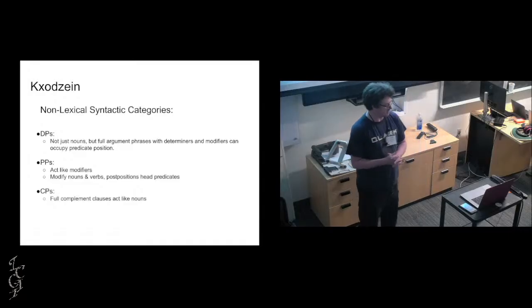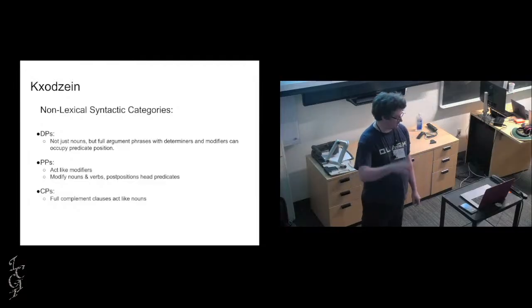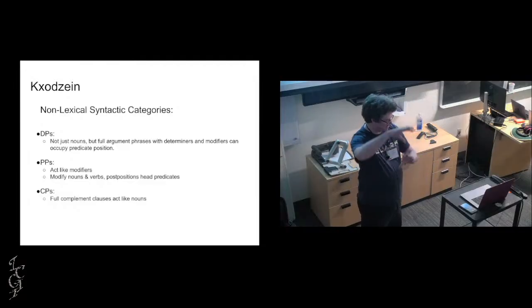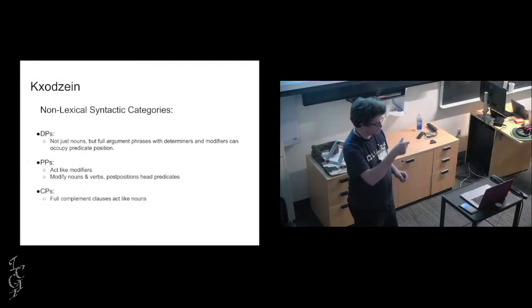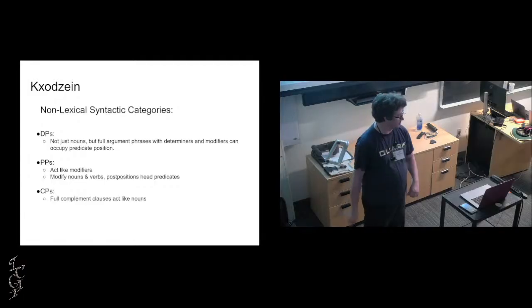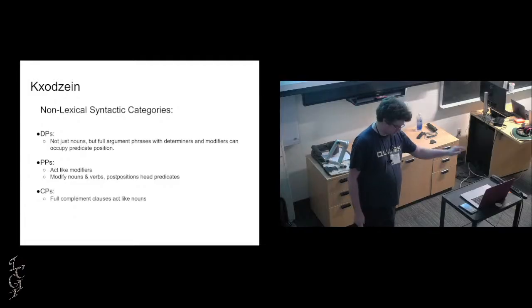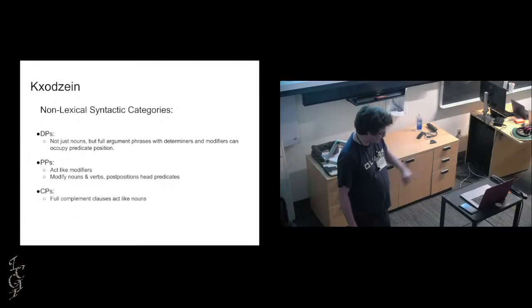Okay, so Kodzane also has non-lexical syntactic categories. So these are things that are distinct types of nodes in the syntax tree. They're types of phrases you can build, but there is no single word that just has that type on its own. So like prepositional phrases, there are, or actually postpositional phrases. They're PPs either way.